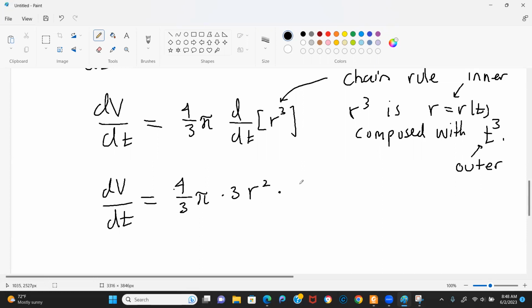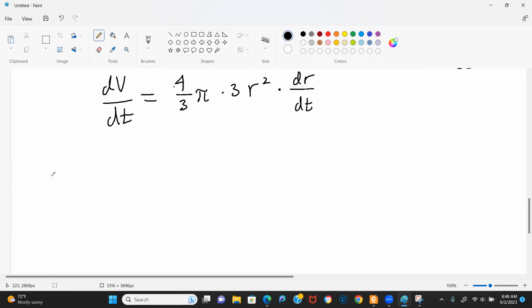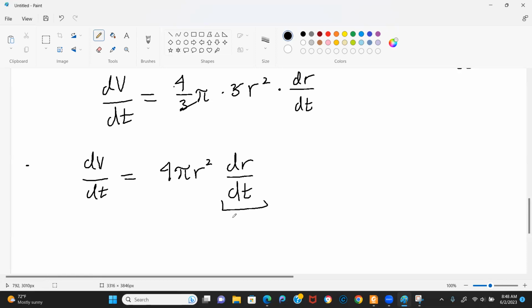And now you take the derivative of the inside function and multiply it, which is dr/dt. Then you can simplify a little bit. These threes right here cancel, so you get 4 pi r squared dr/dt. And this is what we want right here, so we're just going to solve for this piece.